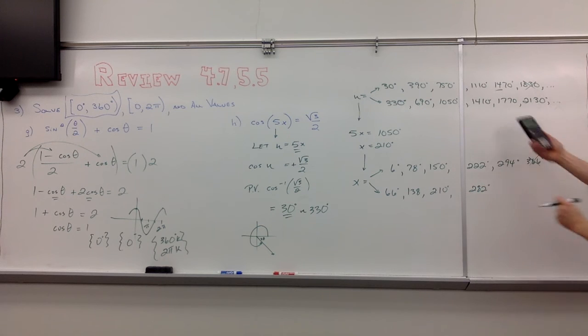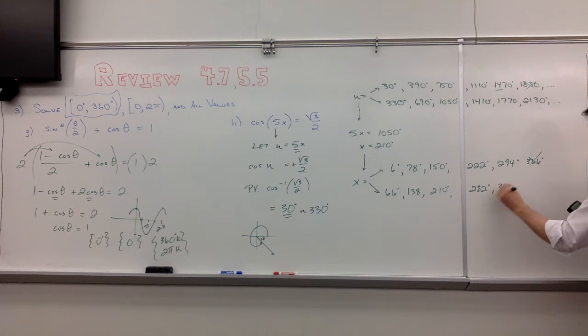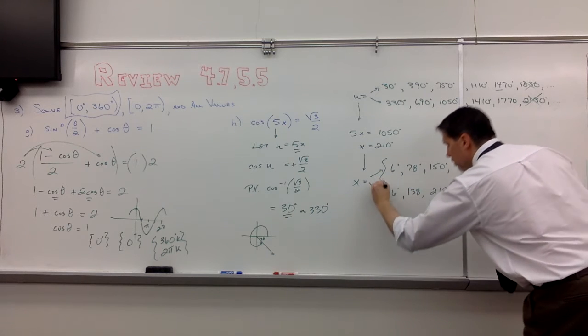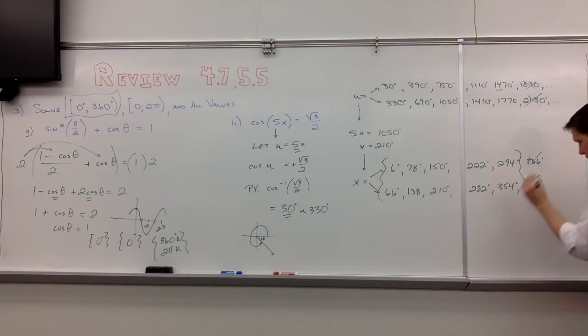Getting close. 1770 divided by 5 is 354. And you can see we're only 6 degrees away. 2130 is going to be out of bounds. Oops. 2130 divided by 5 puts you at 426, which is well beyond what we wanted. So solutions, you got 10 of them.